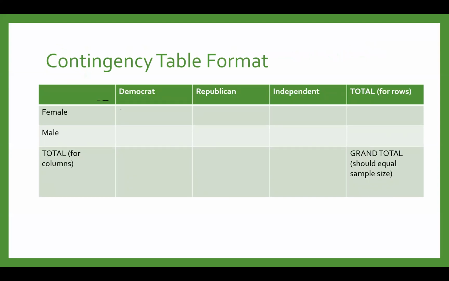Okay, so this is a setup of a contingency table. In this particular case, we have gender as our row variable. And we have political affiliation as the column. So again, you have two qualitative variables.